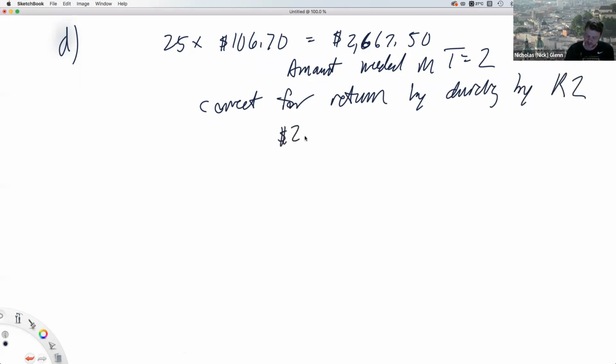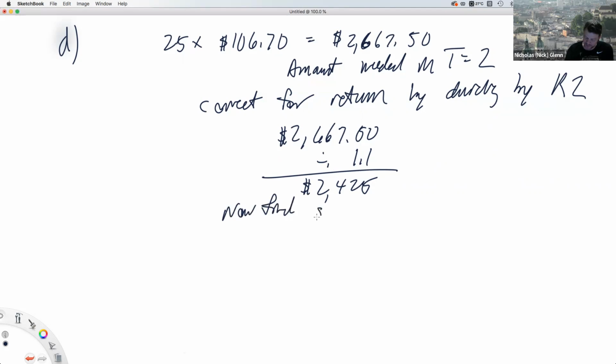So we take this $2,667.50 and divide by R2, which is 1.1. And so what do we get? $2,425. Okay. So this is what we need. Now we need to find the shortage. What do we actually have left if the bank was to pay out everybody what they promised in time period 1?